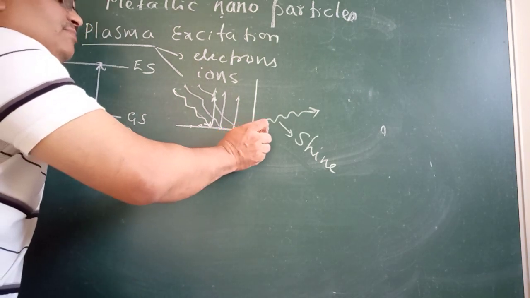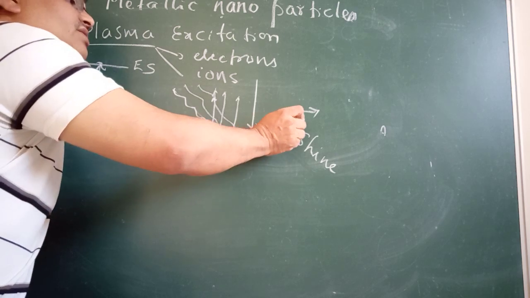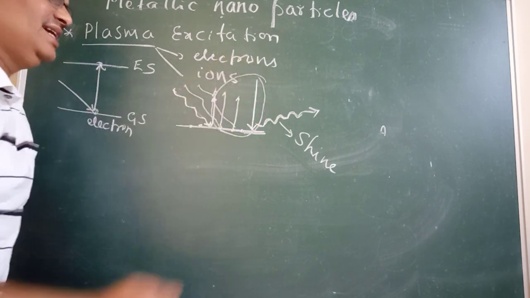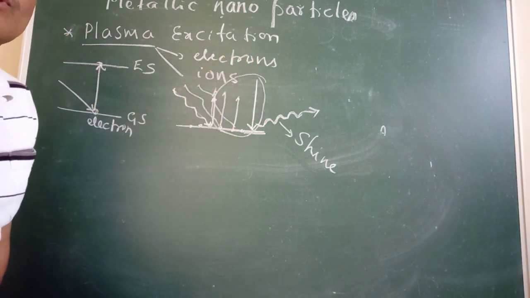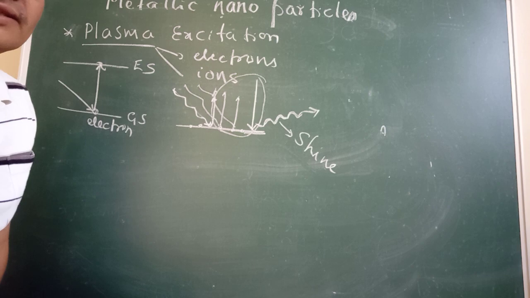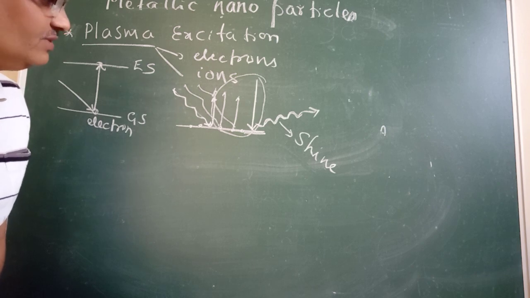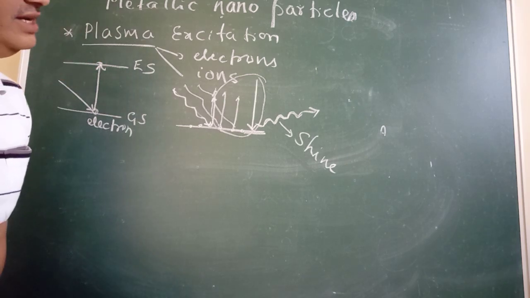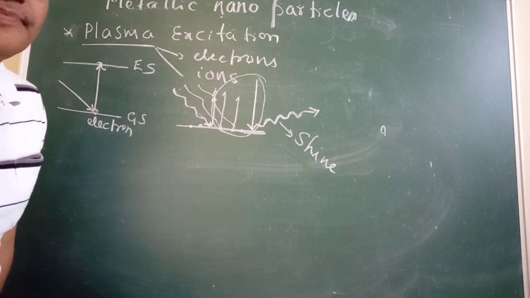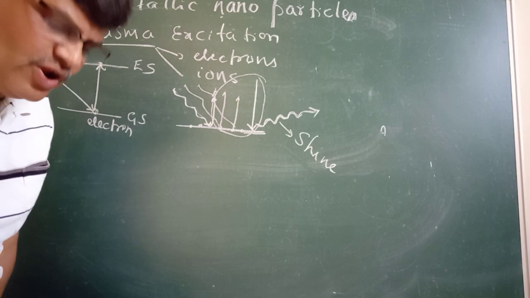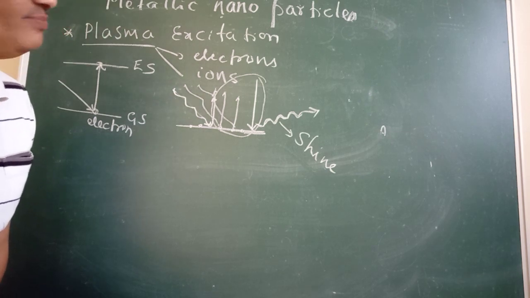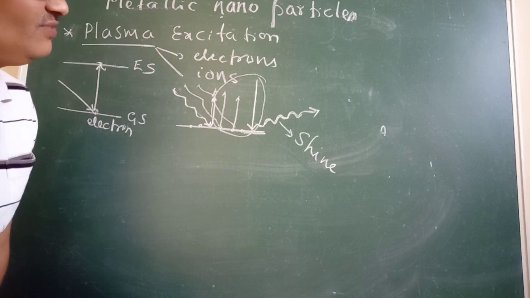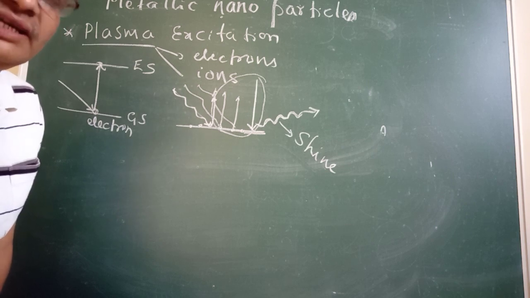This type of emission of electromagnetic radiation due to these excited electrons is called plasmons. So excited electrons are plasmons. Due to these plasmons, the electromagnetic energy is emitted, and that is called the plasma resonance. We will come to that later. Different metals have different colors.